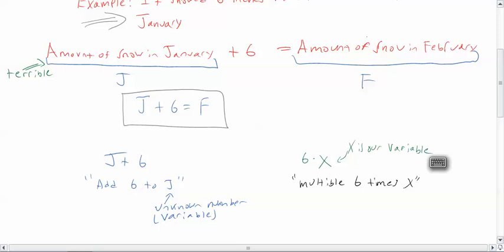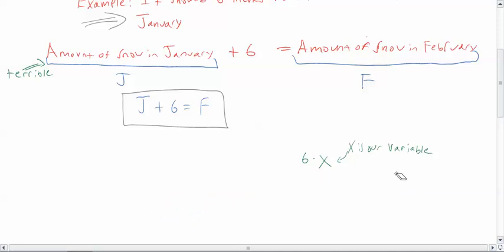Now that you have an idea for what algebraic expressions look like, let's do an example and then we'll work through part 4 of the problem at the top of this video.